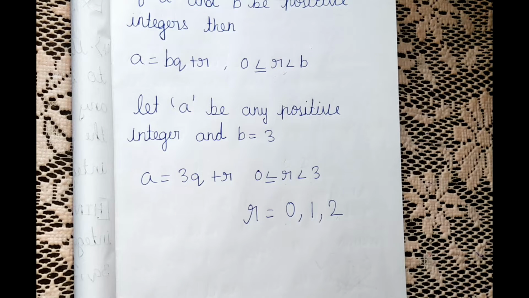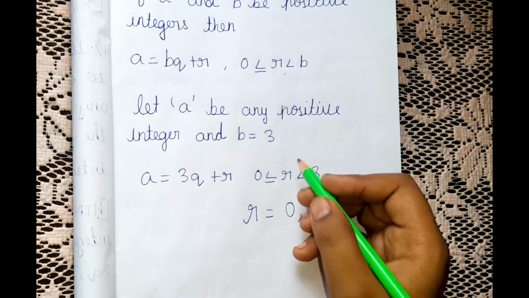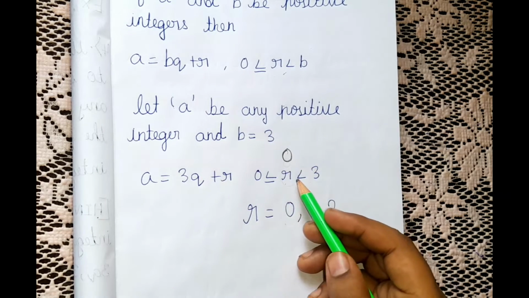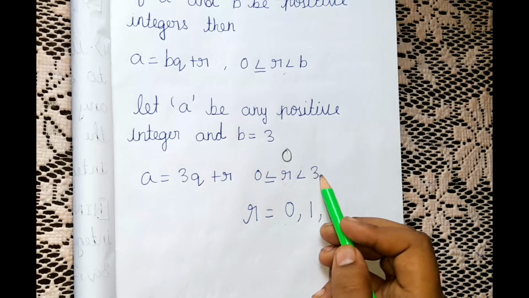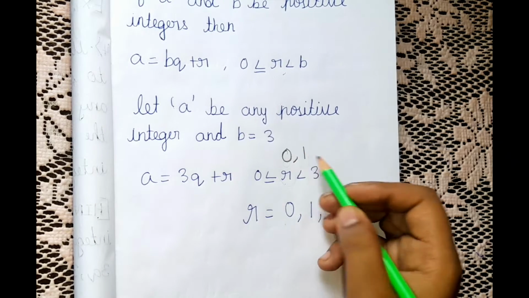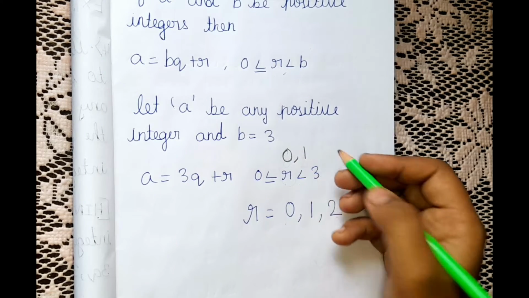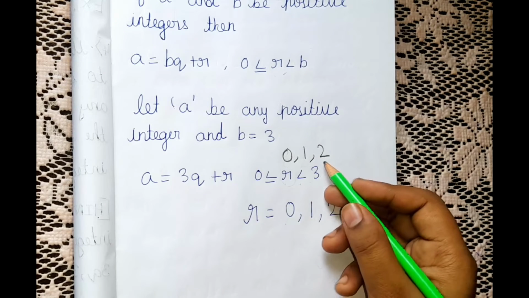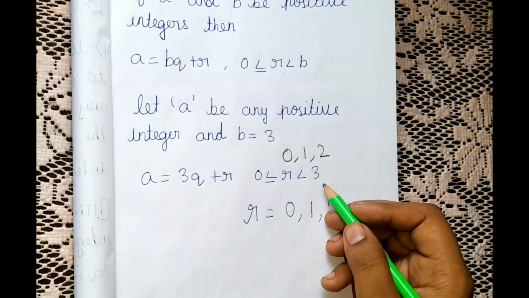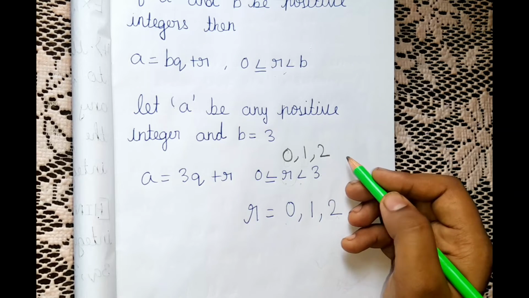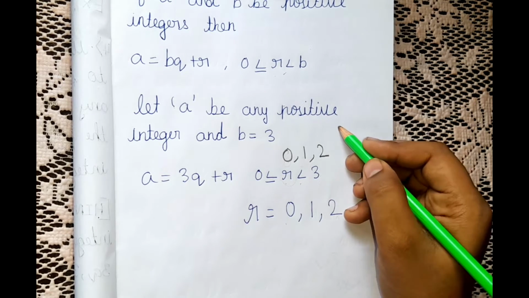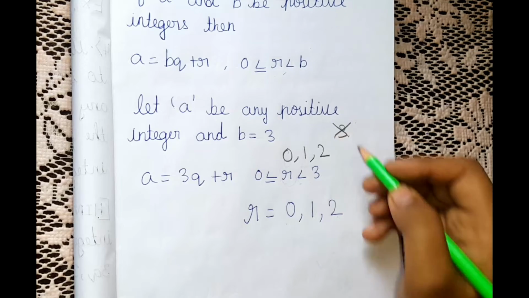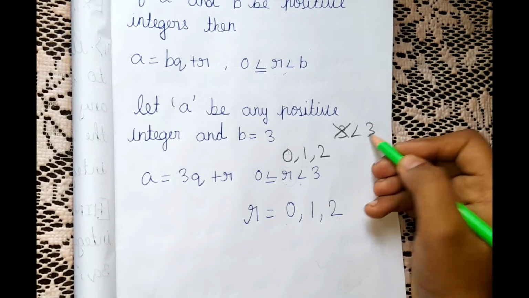Suppose we write 0 as the remainder. Then okay, it's correct, 0 is smaller than 3. Suppose we write 1, 1 is smaller than 3, of course it's correct. Then if we write 2, okay, correct, because 2 is smaller than 3. But in case you write 3, then it is wrong. We can't write 3 as smaller than 3.